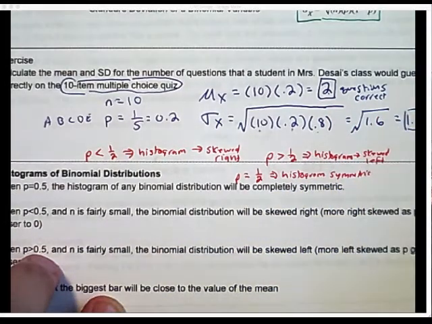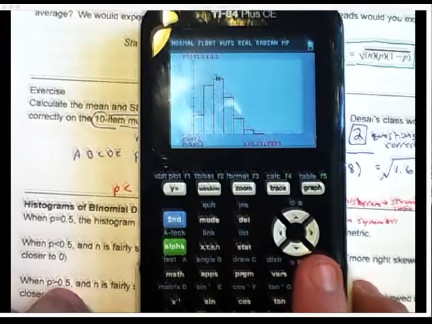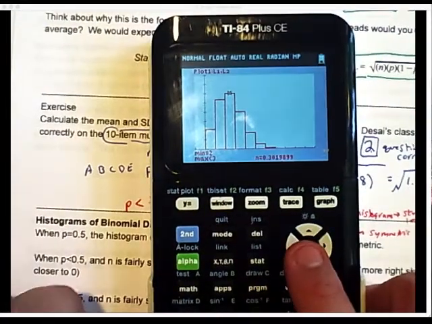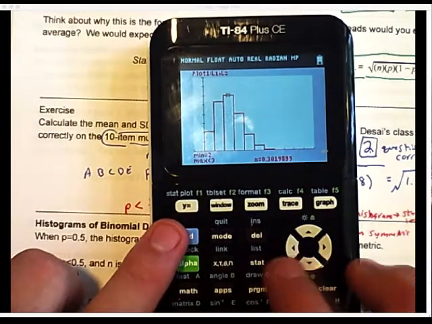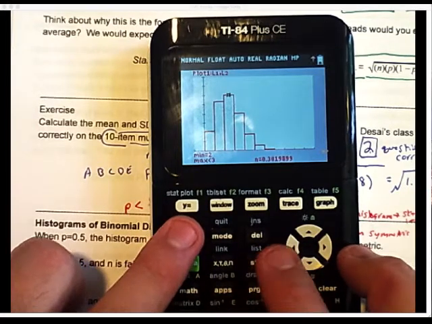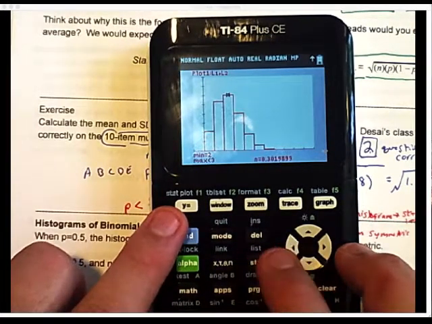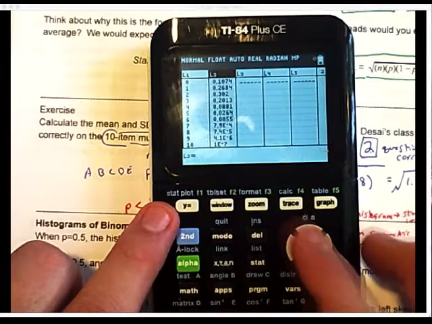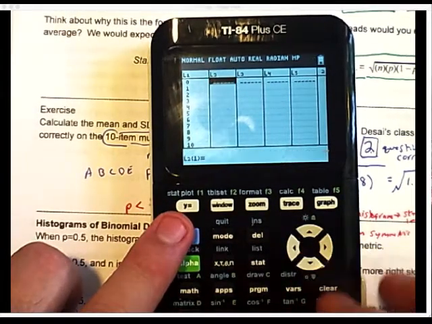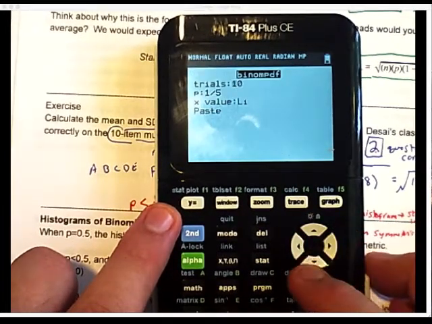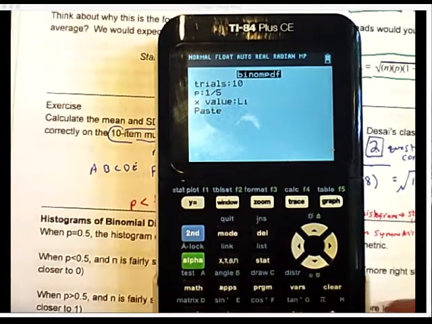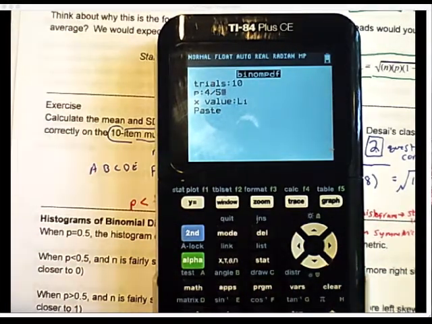All right, so let me change this a little bit so you can see it. All right, let's say that the probability that a student guessed correctly was, let's go back here under our list. Let me change that. Let me clear this. Okay. All right, so let's change that from 1/5 to 4/5. Let's say that, all right, the teacher changed this, and there's only one wrong answer.